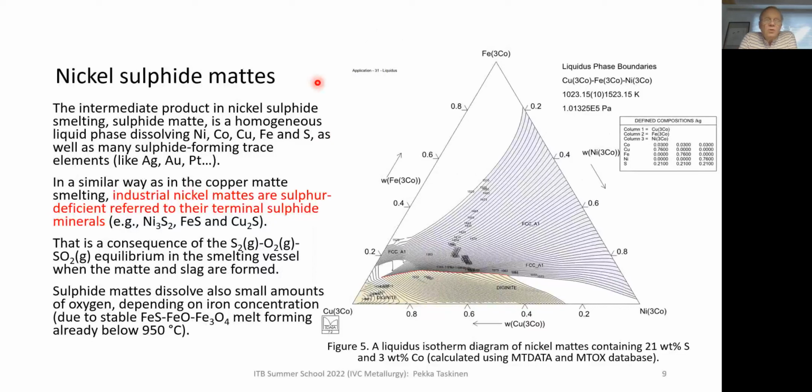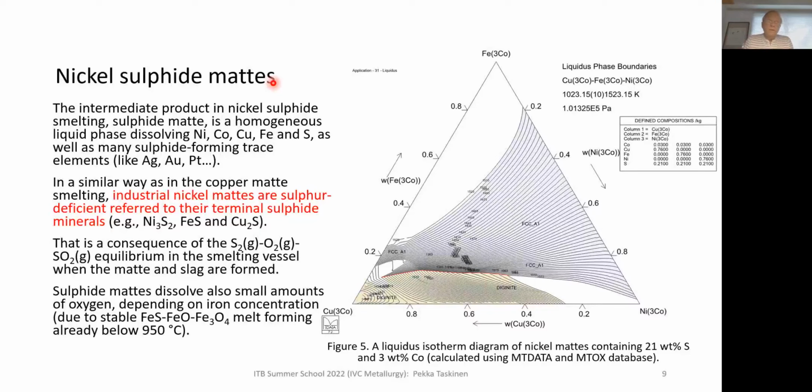So some words about the mattes in nickel matte smelting. Because sulfidic nickel concentrates contain chalcopyrite, the nickel matte will contain also copper.